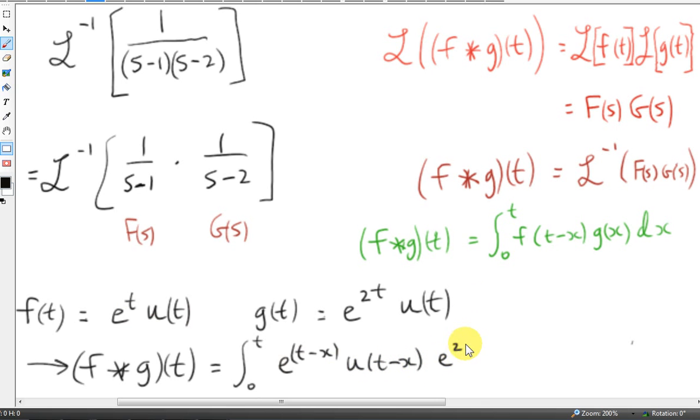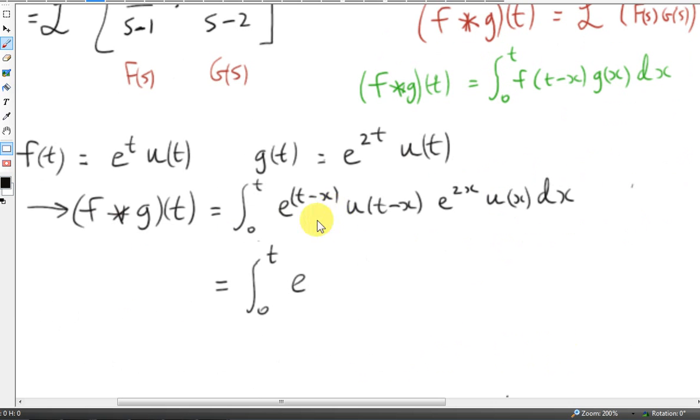Well, that's just e to the 2x times u of x dx. As we said before several times, we can ignore the u's. So we've t minus x plus 2x, that's x plus t. So we get a straightforward integral.